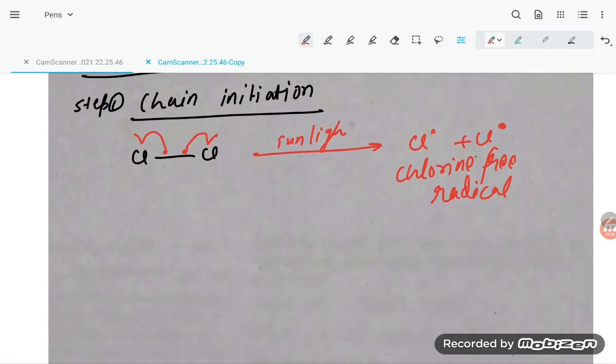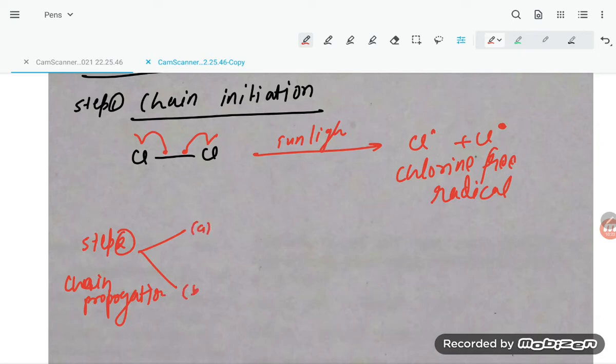Now step number 2 is the chain propagation, in which two things are happening, A and B. Firstly, we have methane, which we treat with the chlorine free radical.